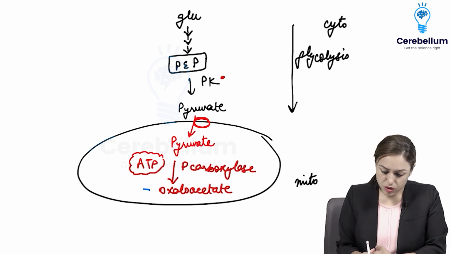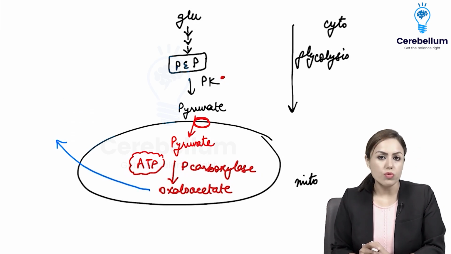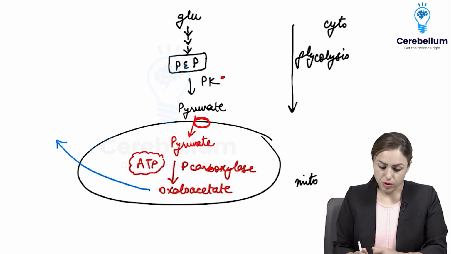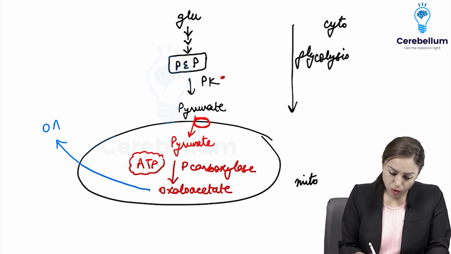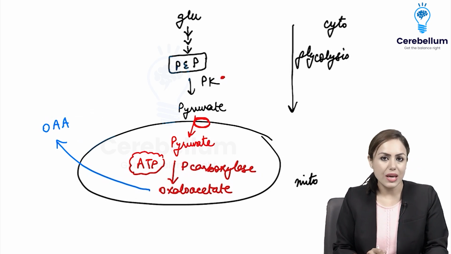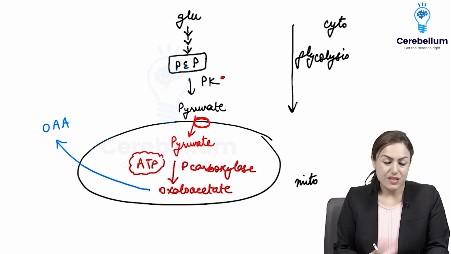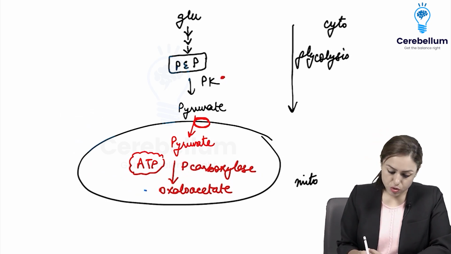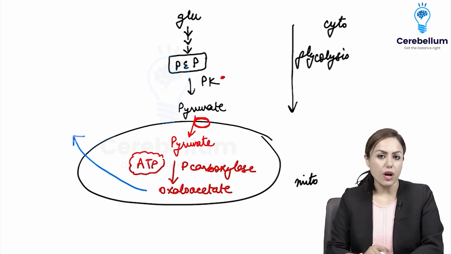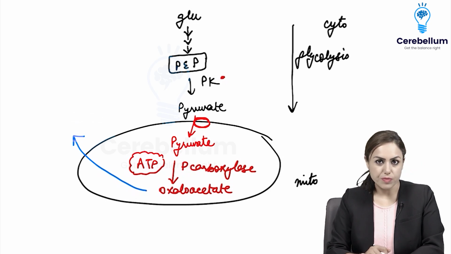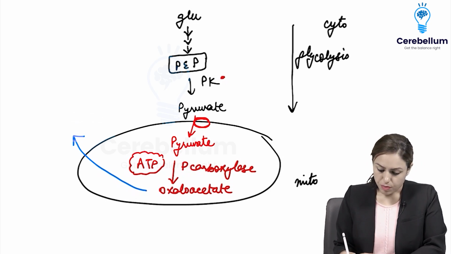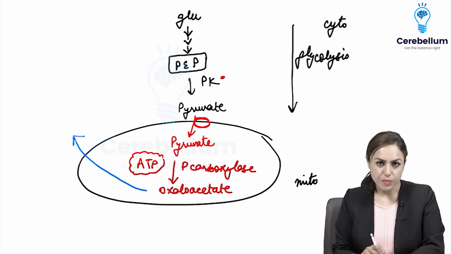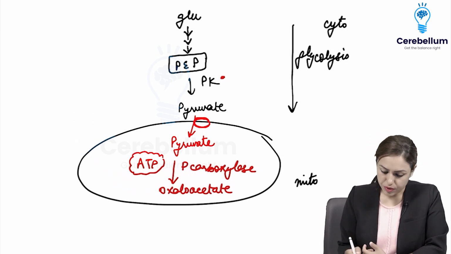So this oxaloacetate has to come out of mitochondria. I'm writing short form of oxaloacetate as OAA, right? So oxaloacetate is coming outside, because other reactions will occur in cytoplasm. But oxaloacetate cannot cross the inner mitochondrial membrane. So how will this happen?